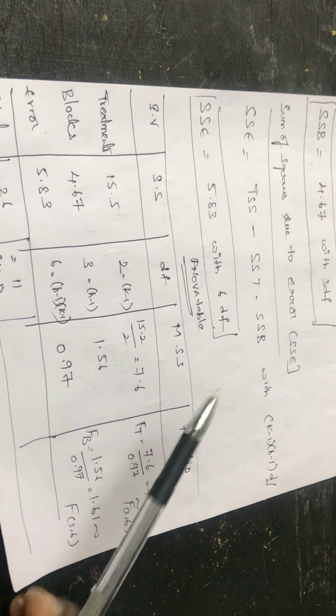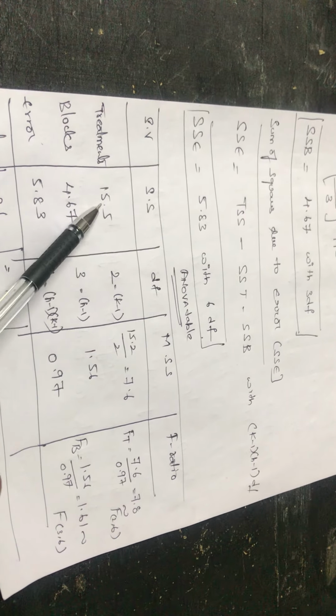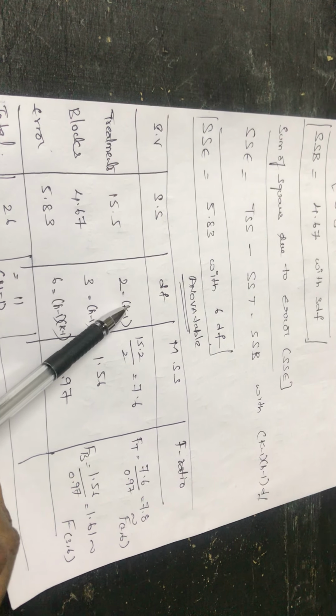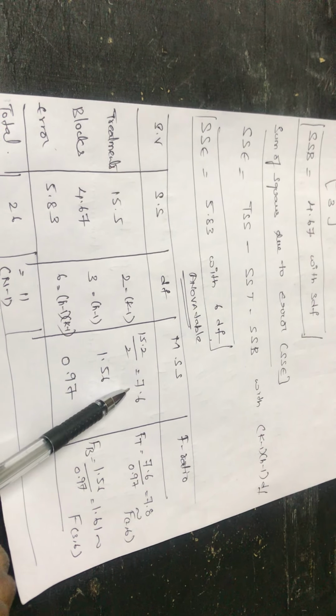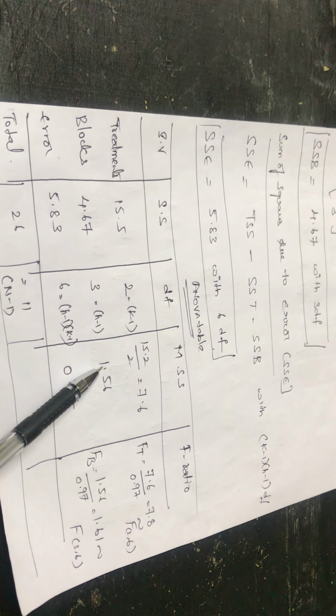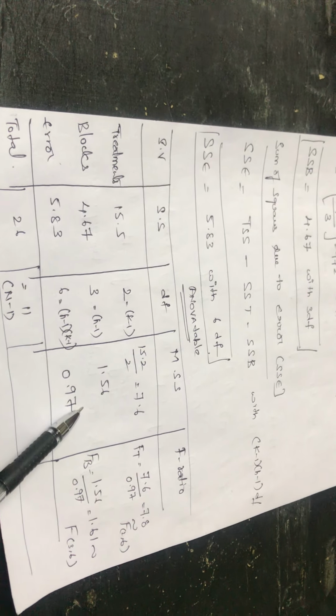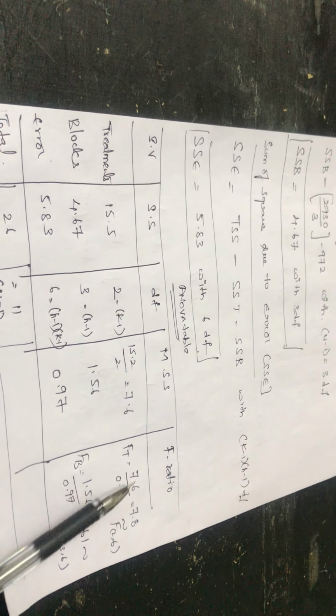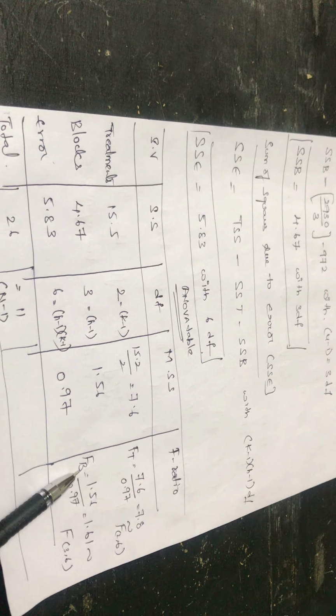Mean sum of squares can be calculated as sum of squares due to treatment divided by the respective degrees of freedom, we will get 7.6. Sum of squares due to blocks divided by the respective degrees of freedom, we will get 1.56. Similarly for the error. Then here we have F ratio for treatments, F ratio for blocks.